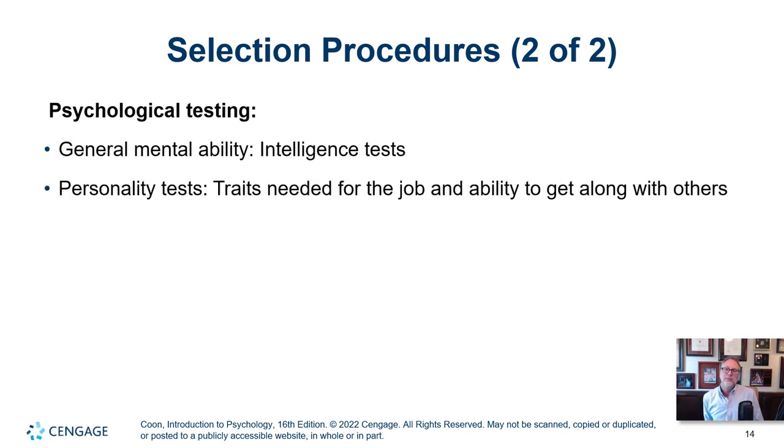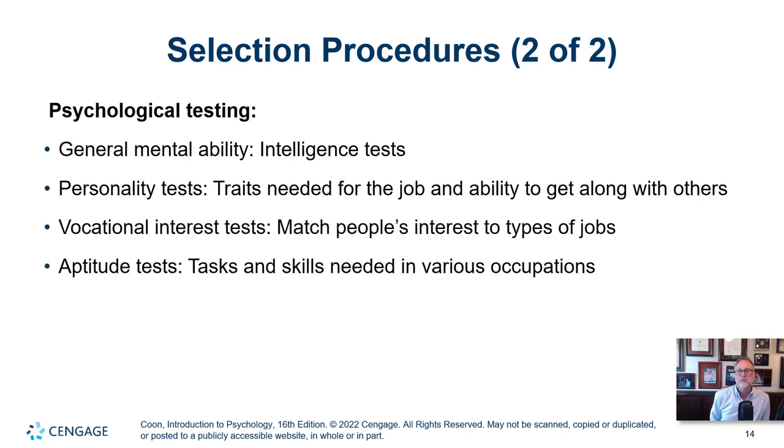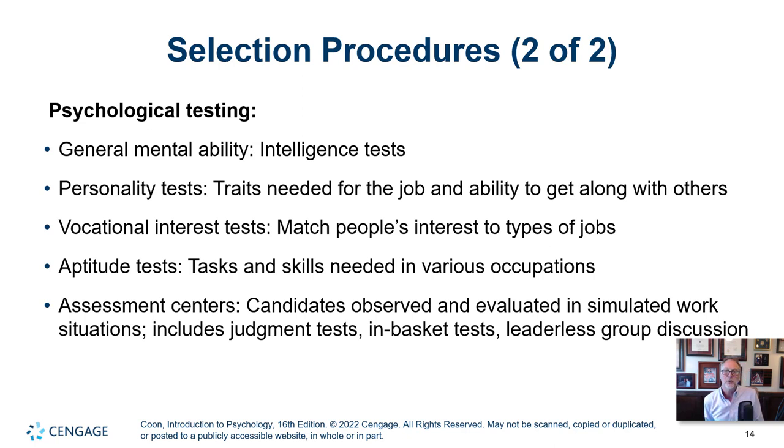So there are also different types of psychological tests that are used for personnel selection, and there are a lot of different types of tests. But the first type of test that may be used is one that assesses your general mental ability. Of course, we covered that in Chapter 9. That's an intelligence test.